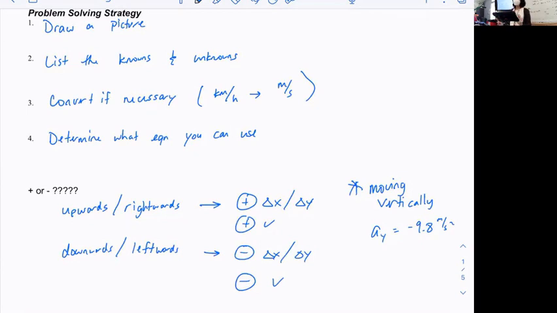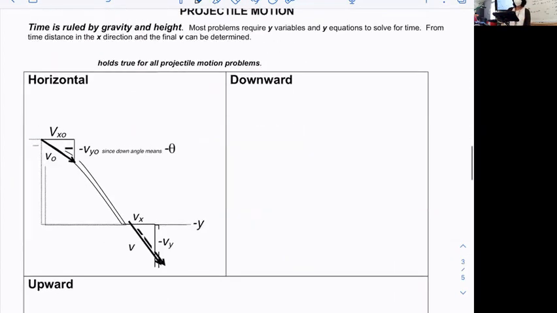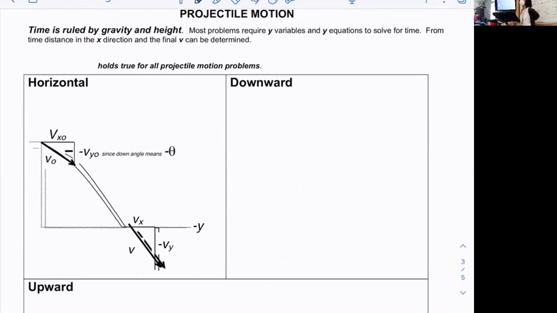Okay, from there we did projectiles. The key thing with projectiles is that you have independent motion. Horizontal movement is independent of vertical movement. So for a horizontal projectile, you have this initial x velocity, and then it begins to move downwards.